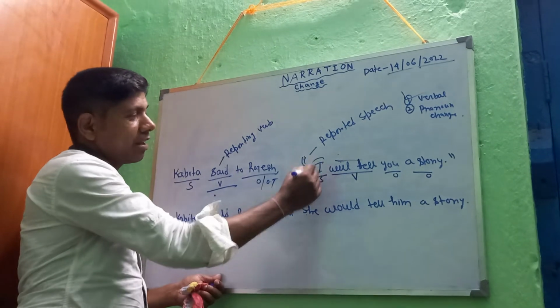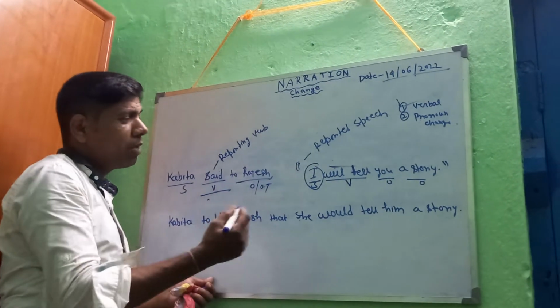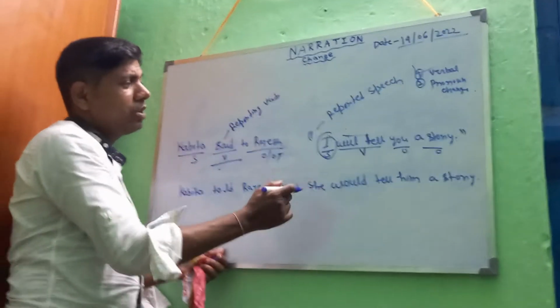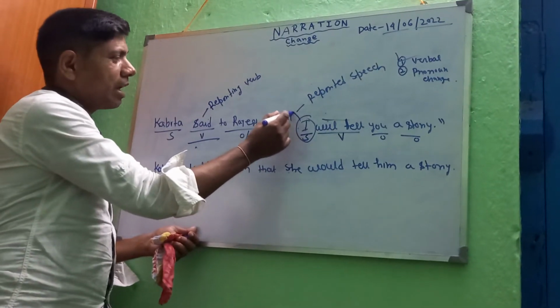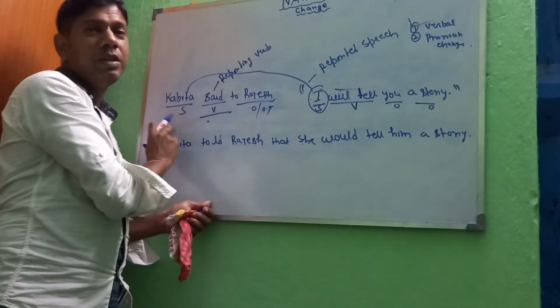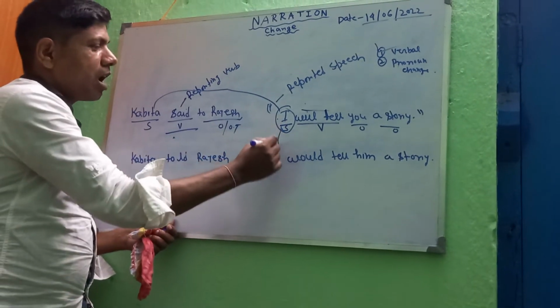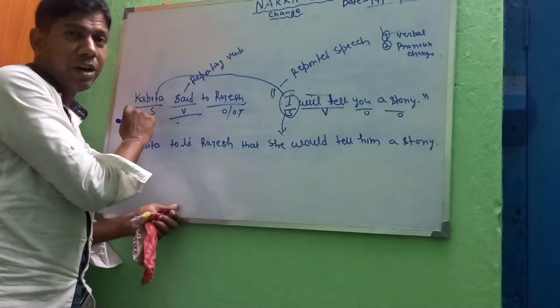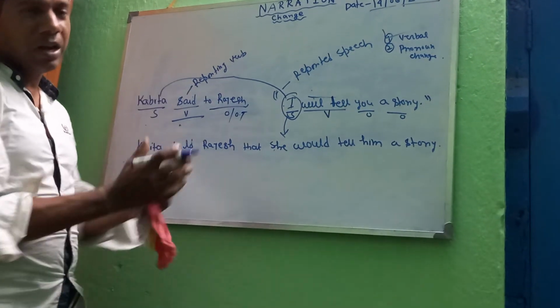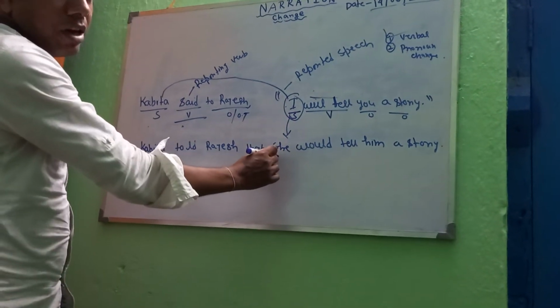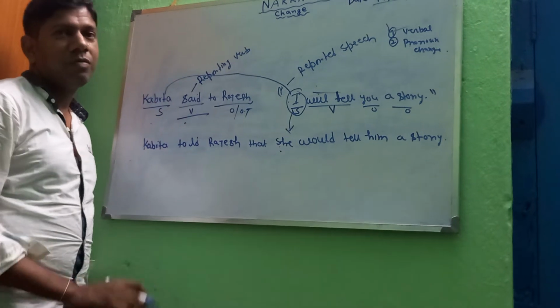You see "I". Whenever you are converting direct speech to indirect speech, you see "I". Who is "I"? "I" indicates the speaker, Kavita. So in the indirect speech, "I" would change into Kavita's pronoun. Kavita is third person singular number female, so the subjective pronoun would be "she". Clear?